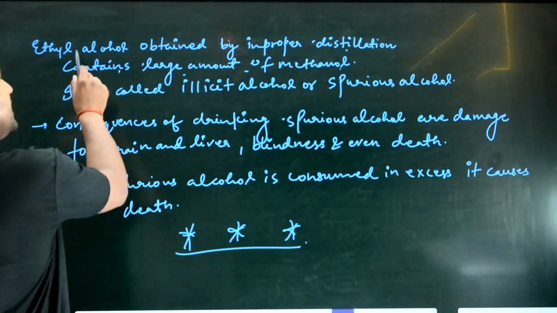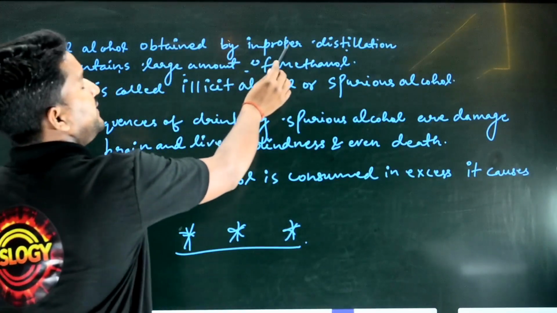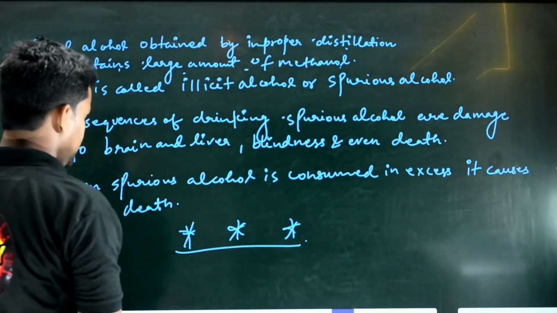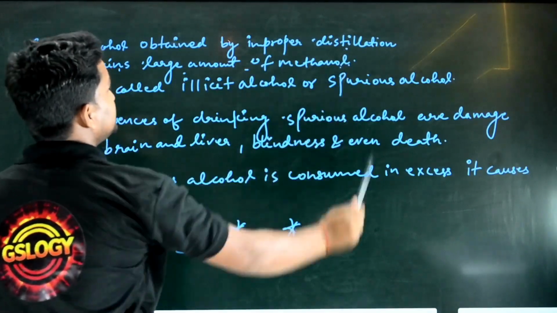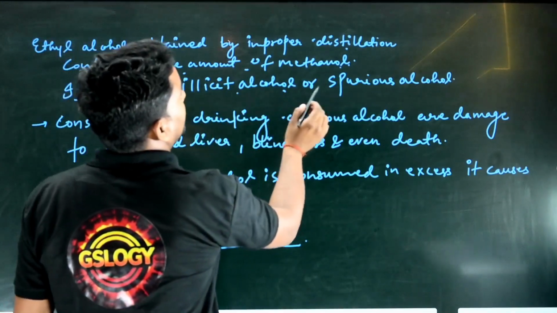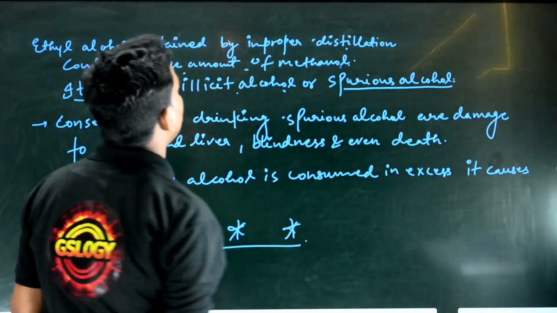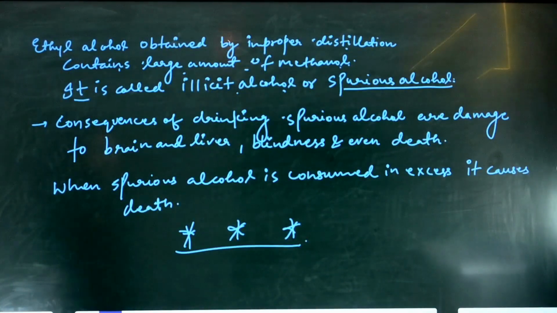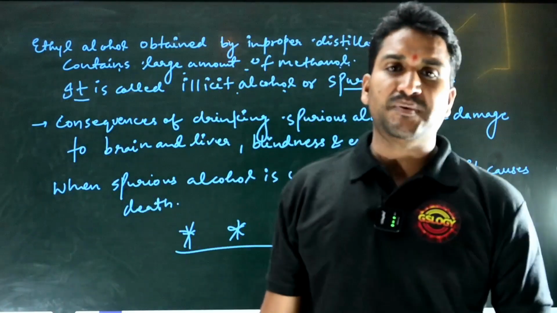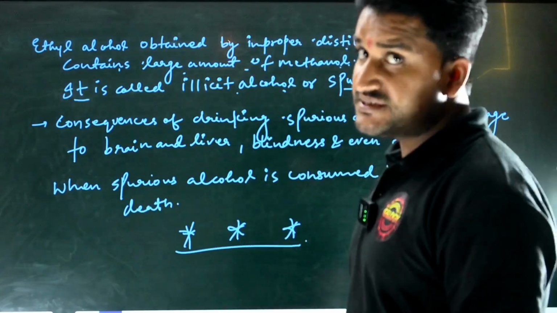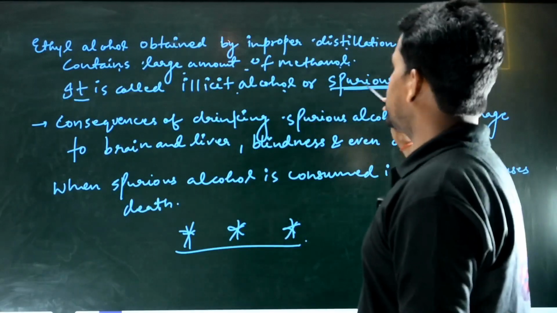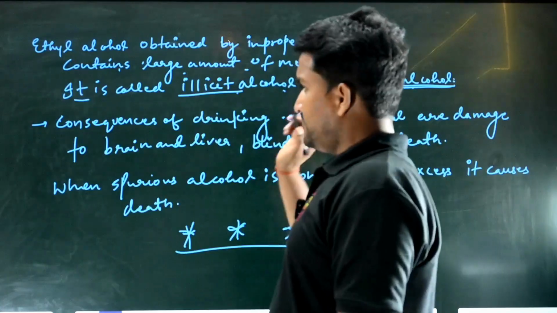Ethyl alcohol obtained by improper distillation contains a large amount of methanol. It is called illicit alcohol or spurious alcohol, meaning ethyl alcohol that contains some percentage of methyl alcohol.